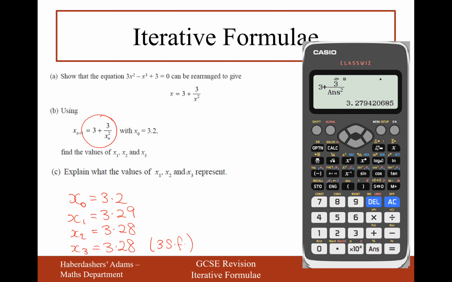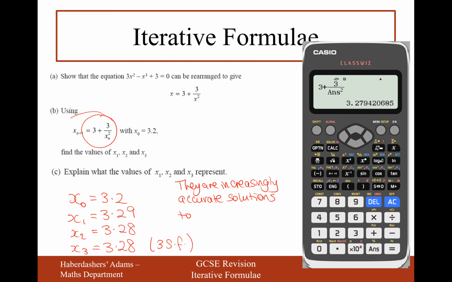And part C is explain what the values x1, x2 and x3 represent. They are increasingly accurate solutions to the initial equation.